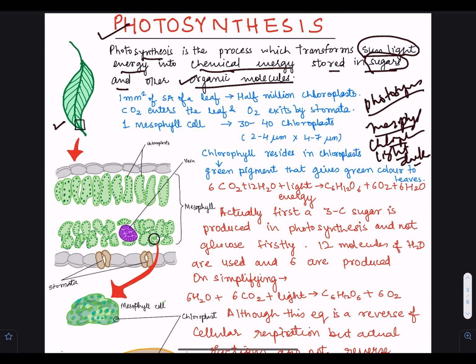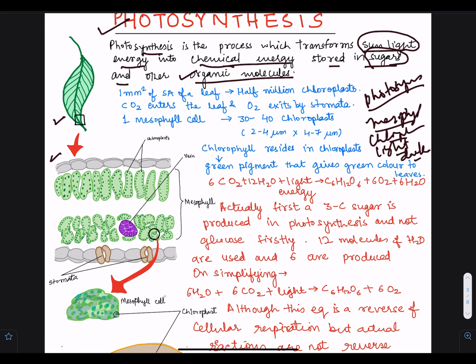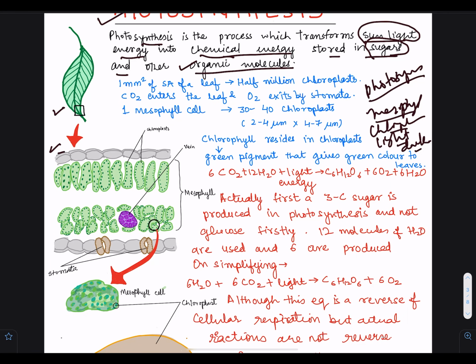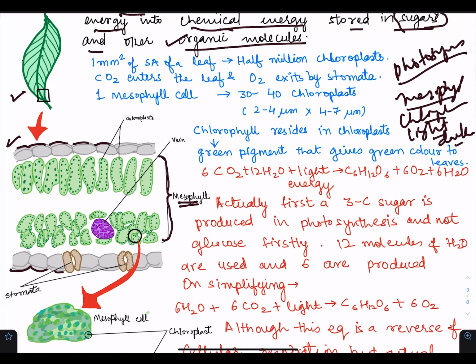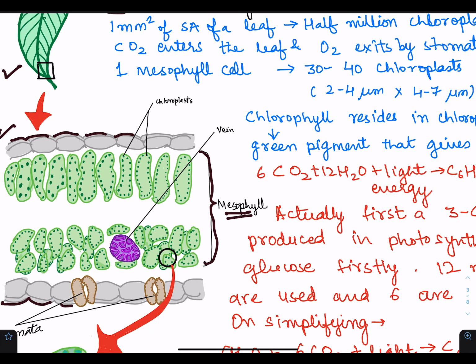This is a leaf. If we see the cut section of a leaf, we see this is the epidermis, the upper layer of a leaf, and this is the lower epidermis of a leaf. This part of a leaf is known as mesophyll, and if we see a single mesophyll cell, this is a cell in mesophyll.